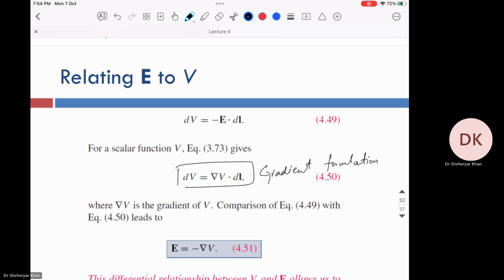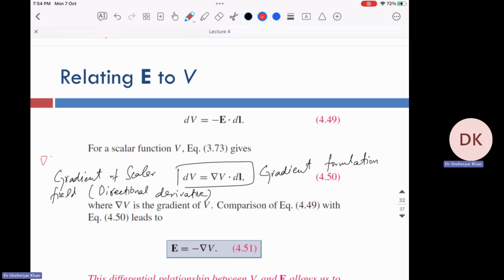Correct. We learned this in the previous chapter on the gradient, from the directional derivative.